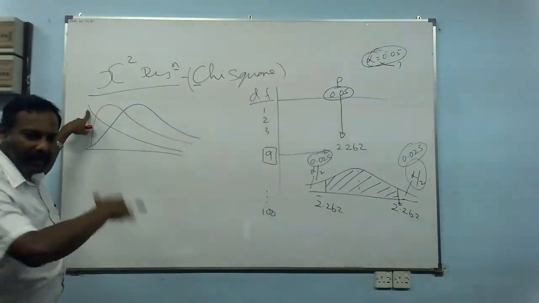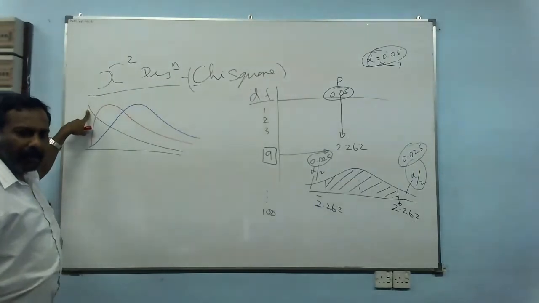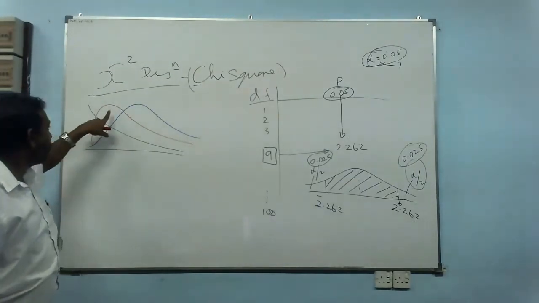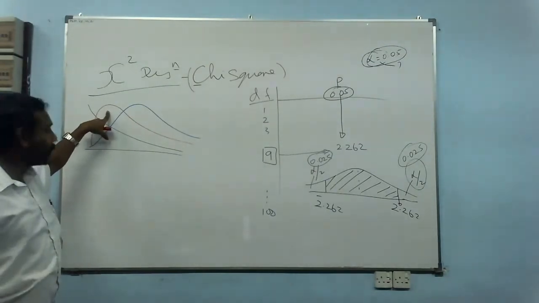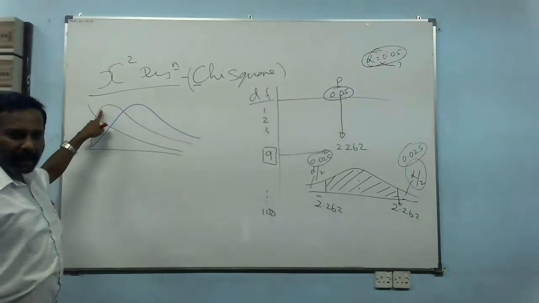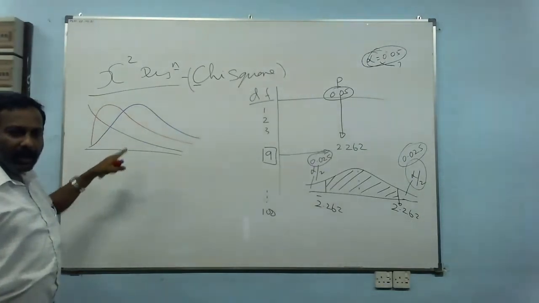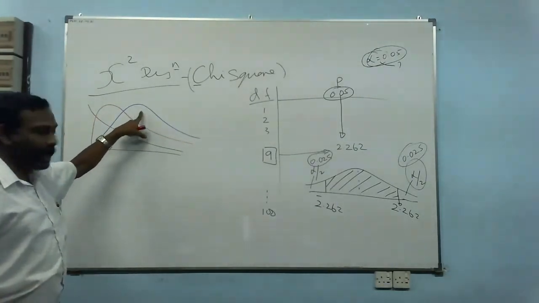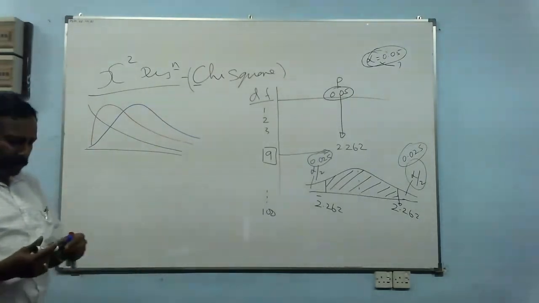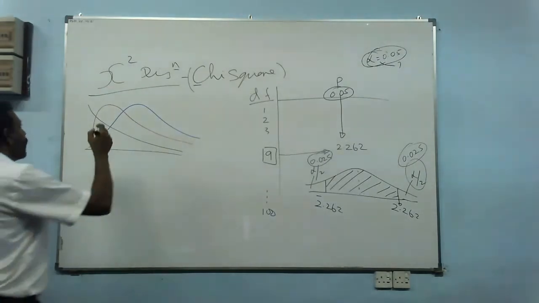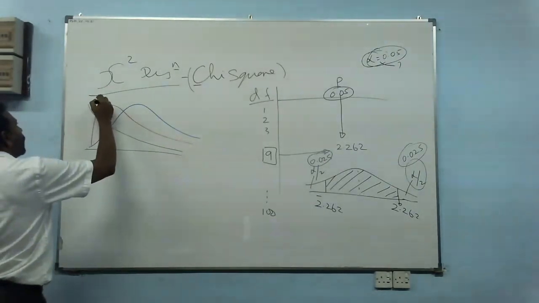It is just a graph, not giving a distribution as such. What about the second one, the red one? It is giving a distribution, it is a skewed distribution. Red one is a right skewed distribution. Then the blue color becomes like a symmetric distribution. This distribution is based on the degrees of freedom.